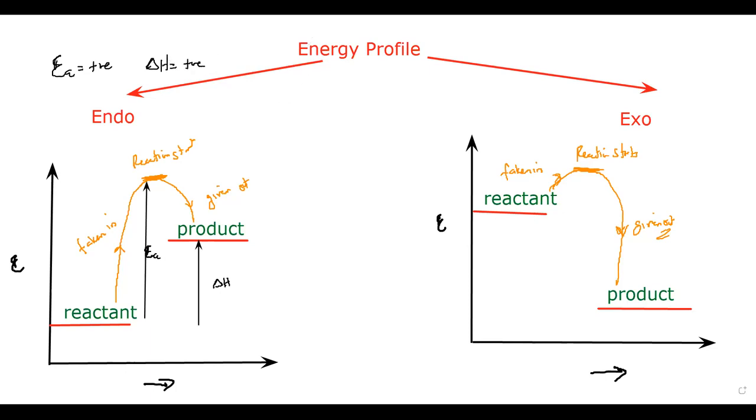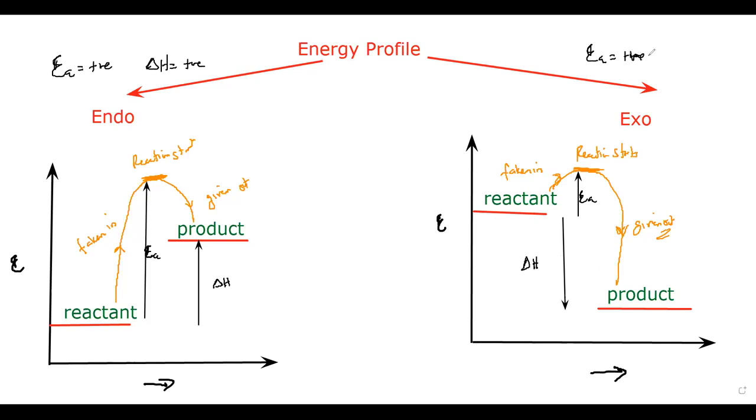But what about exothermic reactions? Reactant to the start of the reaction, we call that activation energy, denoted by EA, and reactant to the product, the energy from reactant to product, is known as energy change, or delta H. So here EA will be positive.